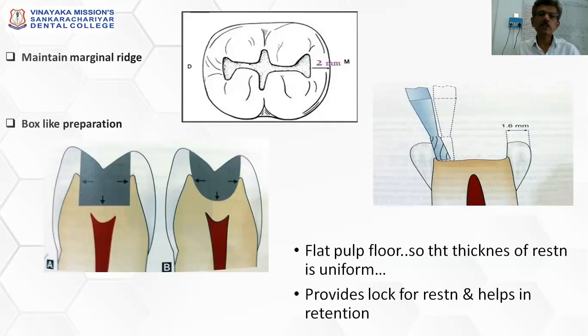The more you damage these anatomical landmarks, that is the marginal ridge, the cusp, the oblique ridge, the more prone the tooth as well as the restoration becomes to fracture on masticatory loading. Now for a class 1, ideally it is 2 millimeter from the periphery of the dovetail to the periphery of the tooth. So see to it that this 2 millimeter is kept.